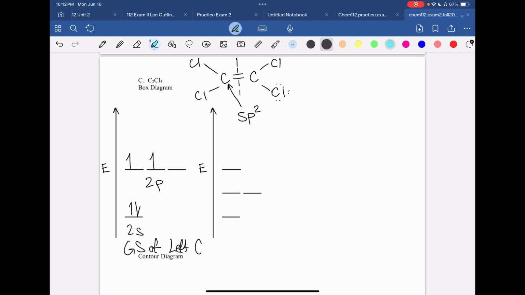But if the central atom has a double bond, I want you to circle your excited state of the left carbon from right to left. I'll repeat it, right to left. Remember, one S box, you're going to circle right to left. I know, bear with me.